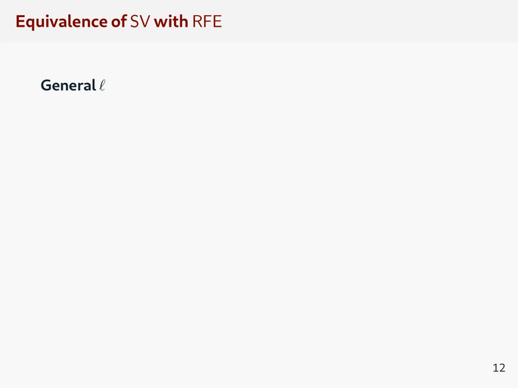So for the case of general L, SVL is, recall, the same as the sum of L independent copies of SV. By the previous equivalence, SVL is equivalent to the sum of L independent copies of RFE01.